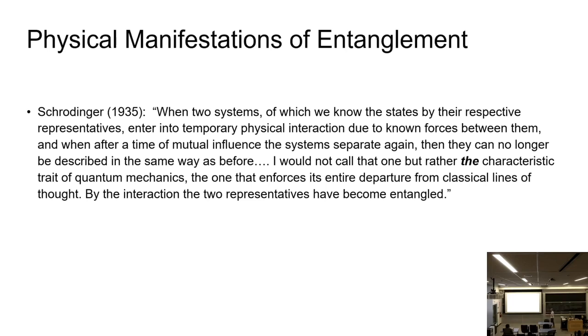So he's describing entanglement. And he says, I would not call that one, but rather the characteristic trait of quantum mechanics, the one that enforces its entire departure from classical lines of thought. By the interaction, the two representatives have become entangled.